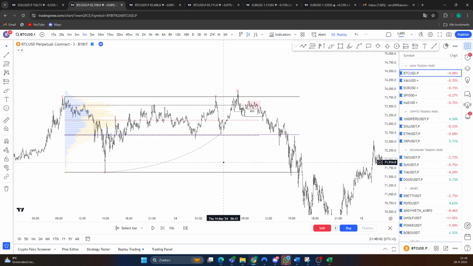Okay, so I've shown you two absolutely unicorn setups right now where everything was aligning. Okay, they don't happen that often, but when they do happen, that's where we profit from them to the maximum.